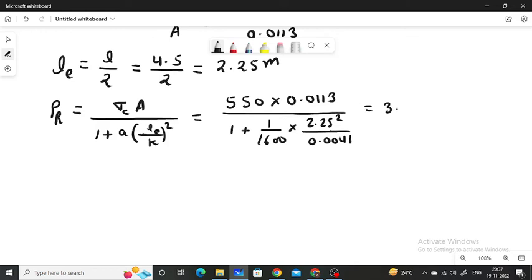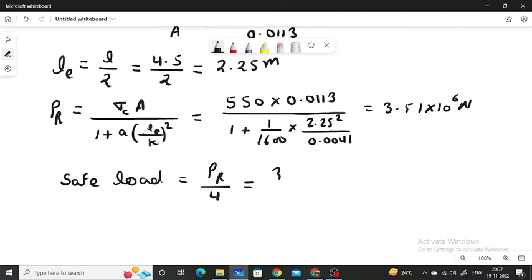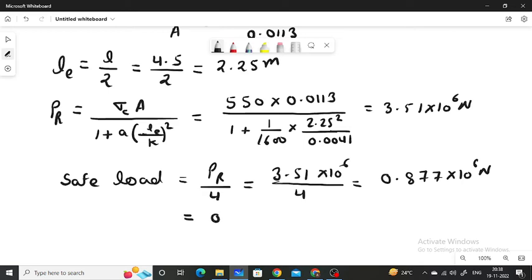It will be equal to 3.51 into 10 to the power 6 newtons. Now the safe load will be load divided by factor of safety, which is 4. Load is 3.51 into 10 to the power 6 newton divided by 4. It will be equal to 0.877 into 10 to the power 6 newtons, or safe load will be equal to 0.877 meganewtons.